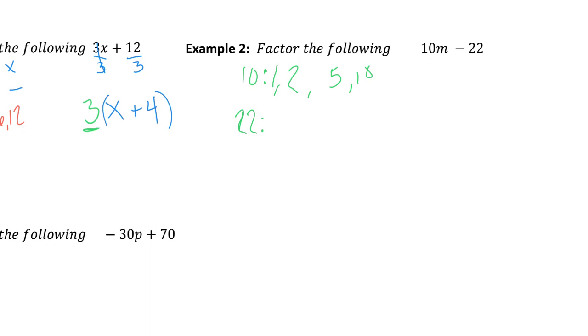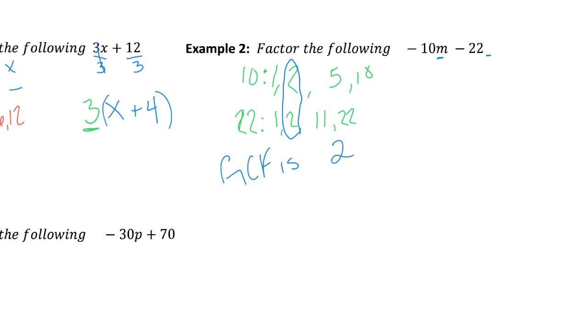And I know factors of 22 are 1 and 22, 2 and 11, and nothing else. So they have in common 2, and then one has an m, so the other one doesn't. So my GCF is 2.